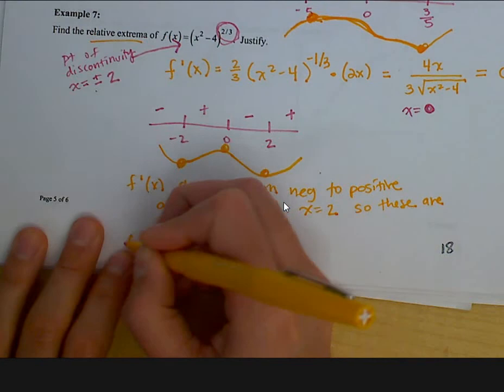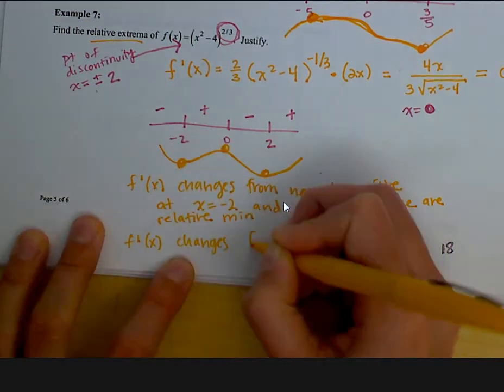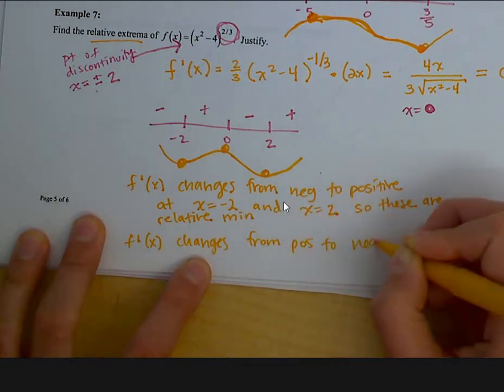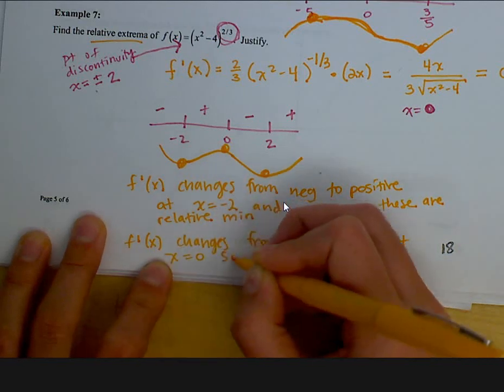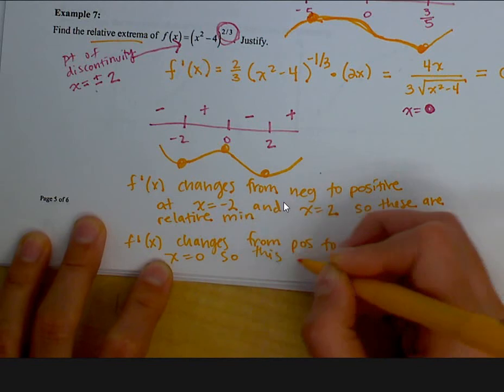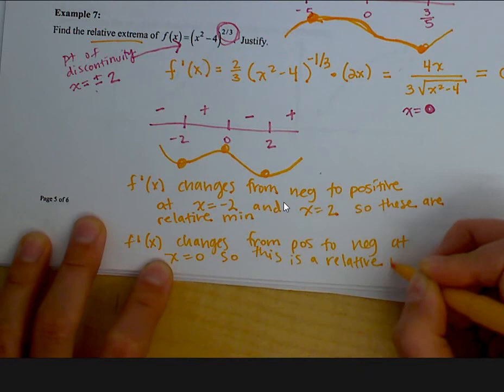And then f prime of x changes from positive to negative at x equals 0. So this is a relative max.